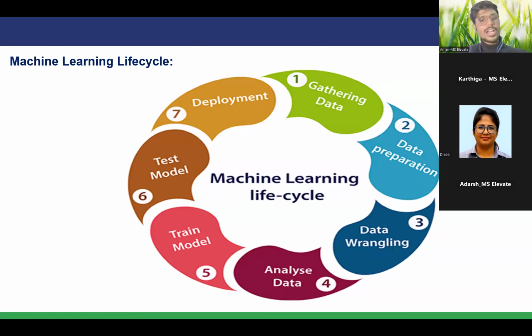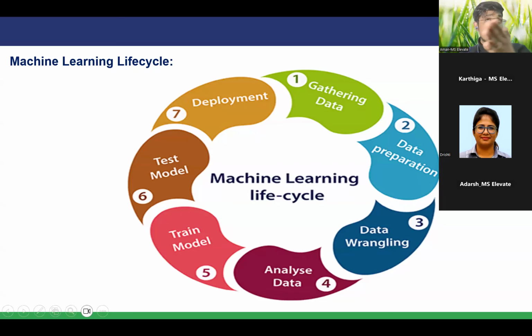We need to check whether this data is suitable, whether we need to remove some columns, or add some columns for better implementation of the model. We'll talk more about this when we understand machine learning, but more or less, this is how we do it.